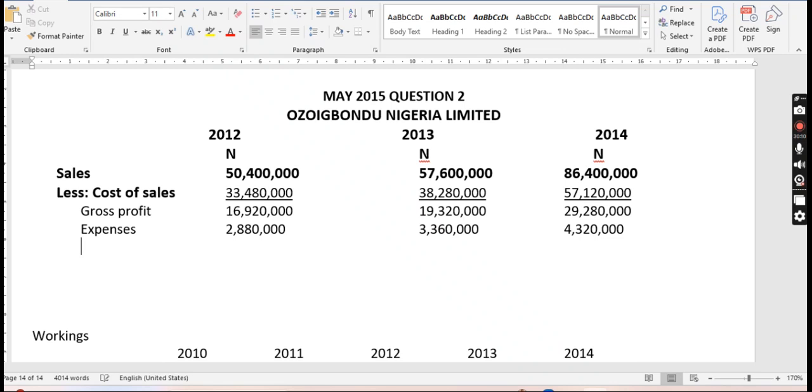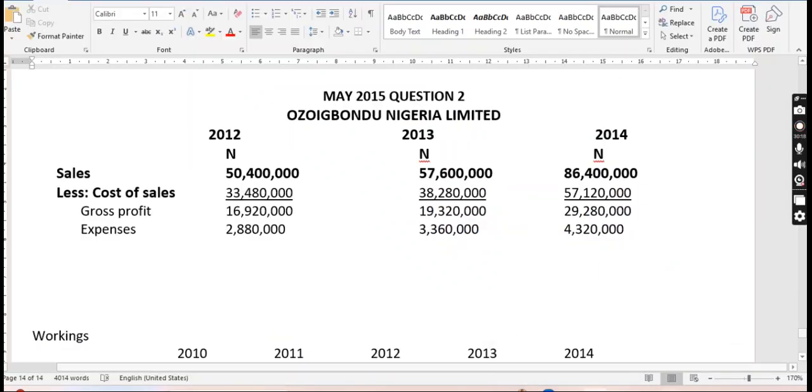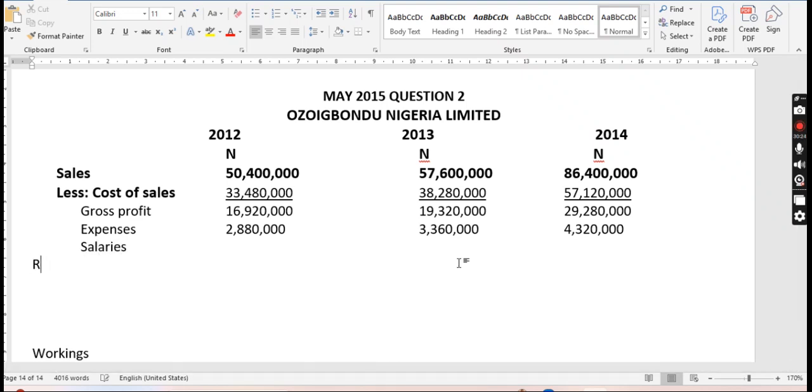So which other expenses do we have there? Salaries and rent, right? Wages, salaries. I just need someone to give me the figure, please. Rent. So I will have my net profit quickly. 1.2 million for rent.